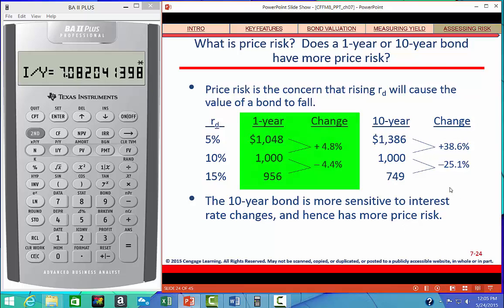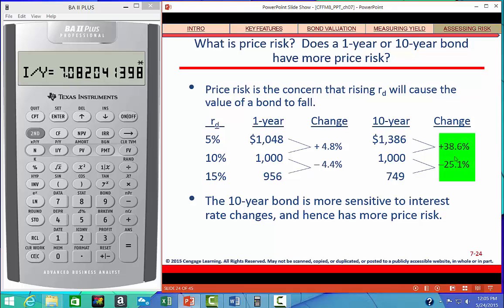Another thing you can notice is that even though this was a 5% decrease and a 5% increase, the changes in the bond prices are not symmetrical. They're not both plus 38.6% and minus 38.6%. Every time interest rates go down, bond prices go up by more than they would go down if interest rates went up.